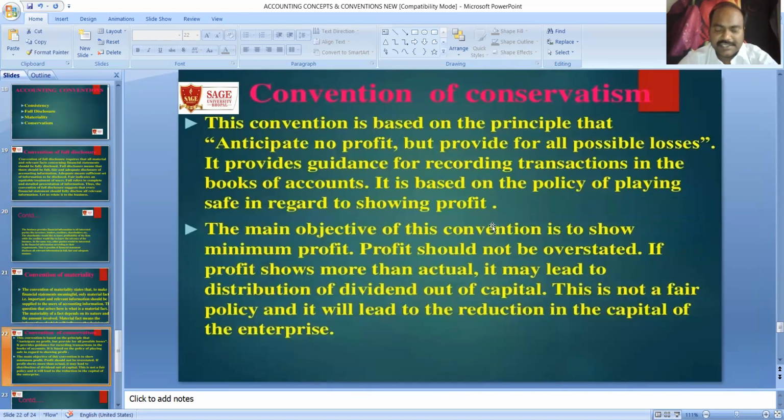And the next one is the convention of conservatism. This conservatism is based on the principle that anticipate no profit, but provide for all possible losses. That means it provides guidance for recording transactions in the books of accounts, and it is based on the policy of playing safe in regard to showing profit.